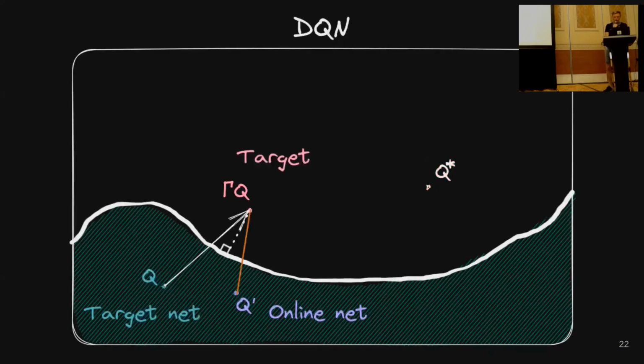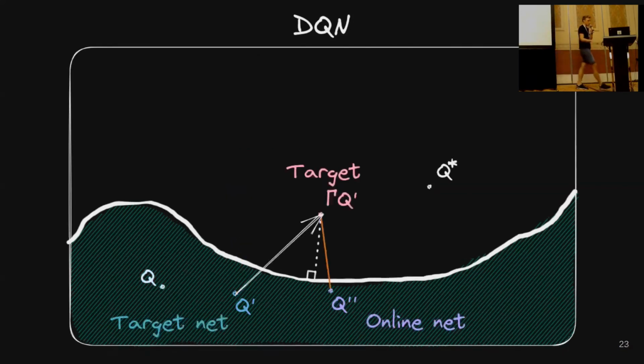We have Q given by the target network, then we have Q prime as the online network, and we are updating this online network to approximate the target closer, and then slowly moving this target network together with it. So that eventually the target network and online network both come to this point, which is a projection of the optimal Q function onto the representable space.